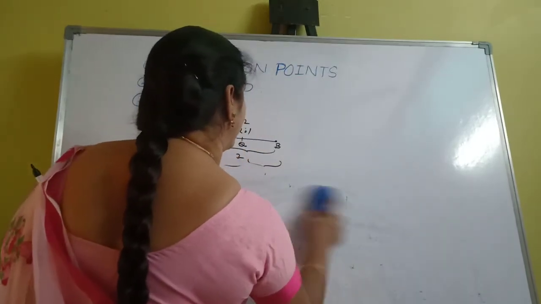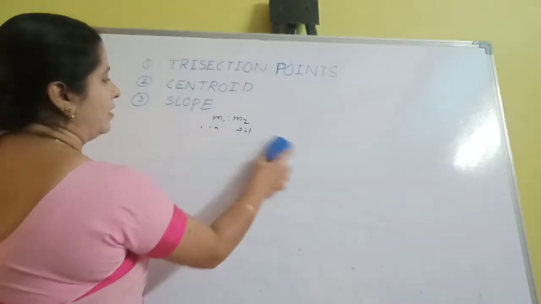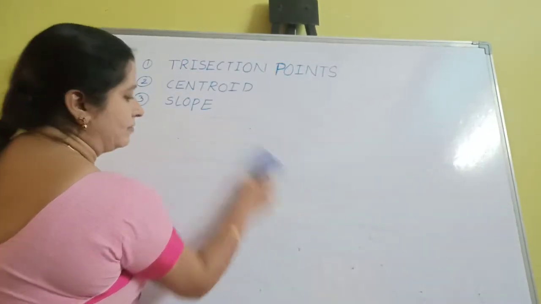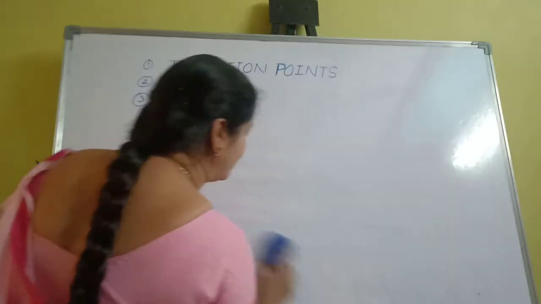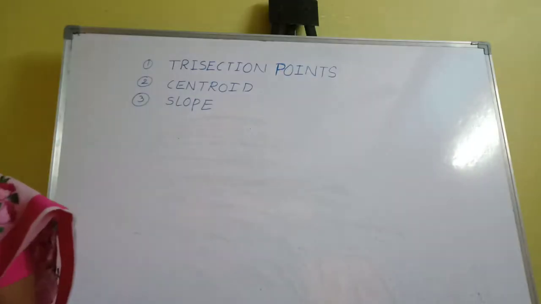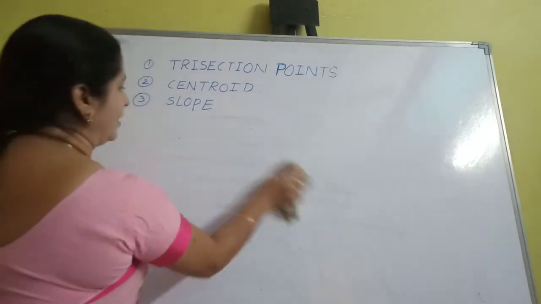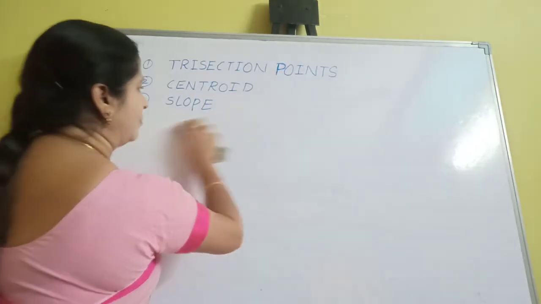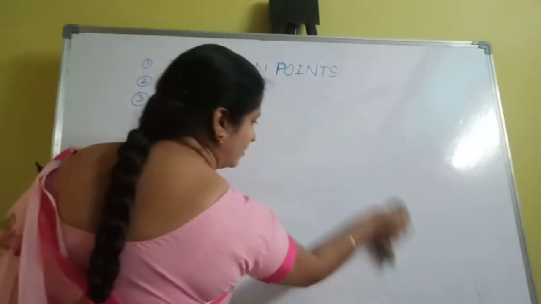Centroid means it is the intersection point of medians of a triangle.